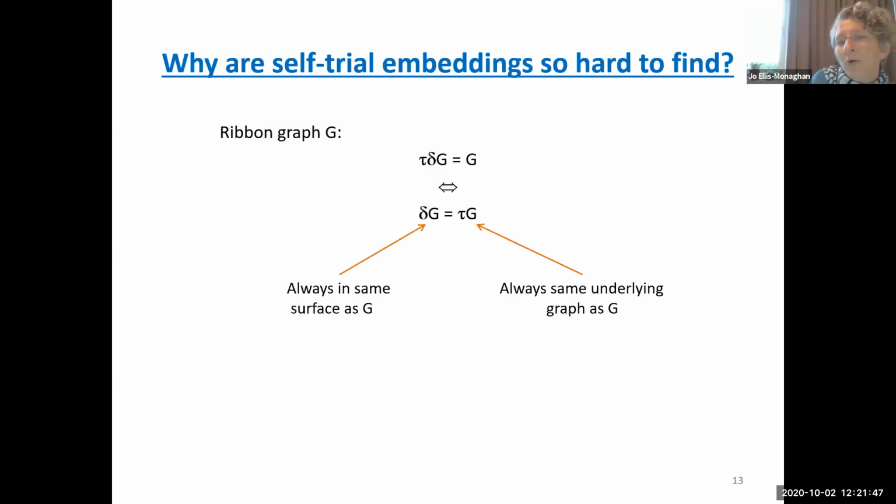Especially when you remember that the dual is always in the same surface as G, and the twist always has the same underlying graph as G. But you need these two things not to be G itself. Otherwise, it would be self-dual or self-Petrial, and we don't want that. We want it only to be self-trial.